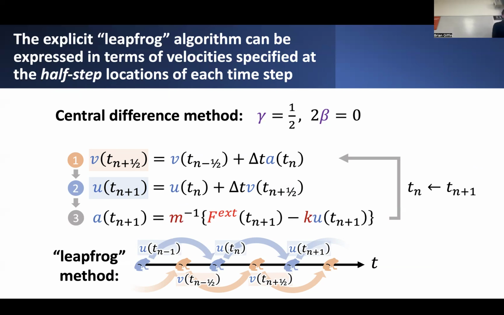All I have to do is first update the velocity by taking the old velocity at the previous half-step location, adding to it delta t times the acceleration at time tn, and I get the new half-step velocity. Then use this new half-step velocity multiplied by delta t, add to the previous displacement to get the new displacement. Basically the same formula, just substituting different values.